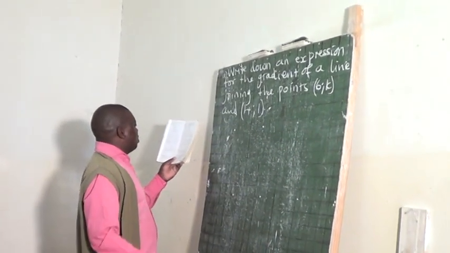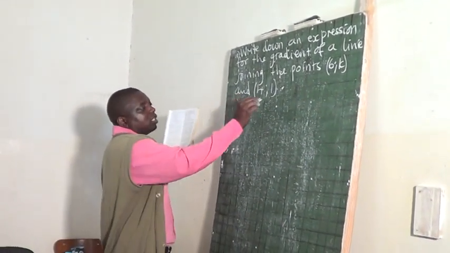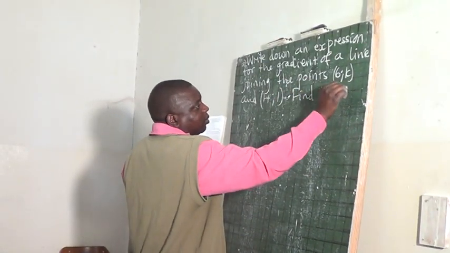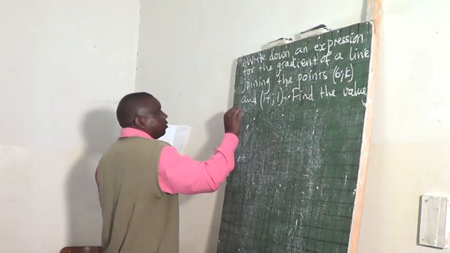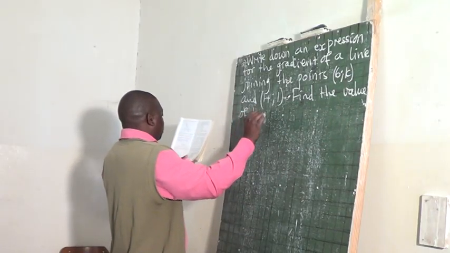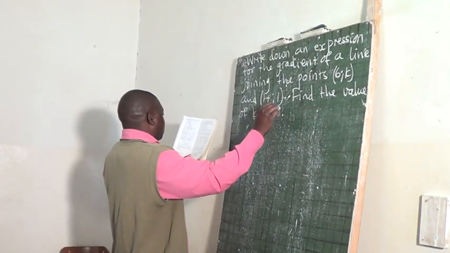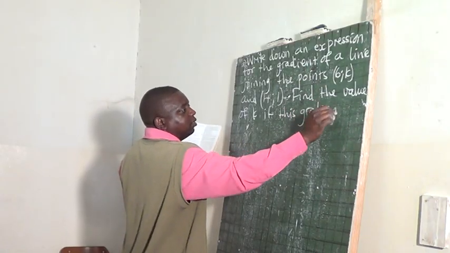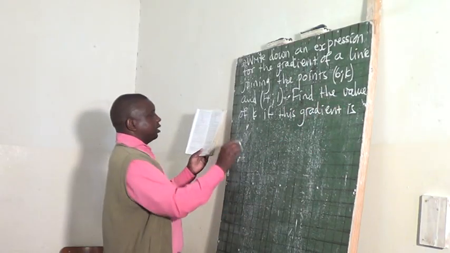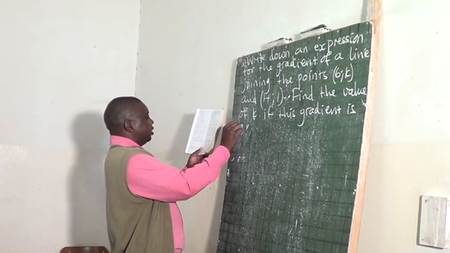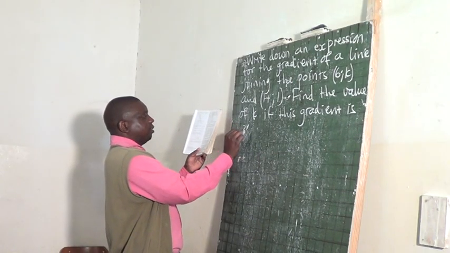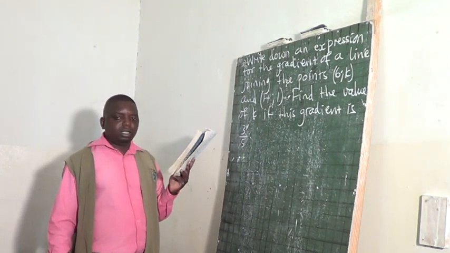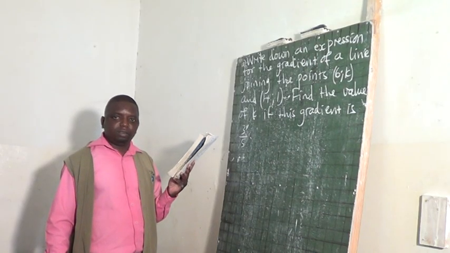Then the question says: find the value of k if this gradient is 3/5.